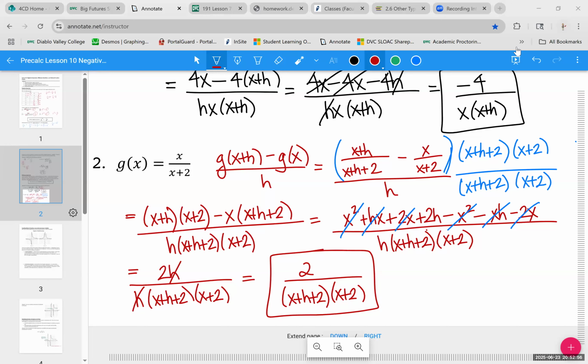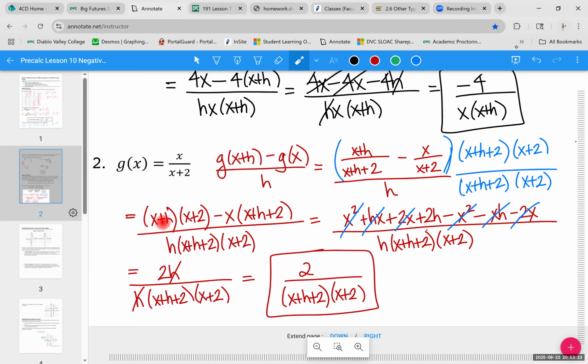How did it go? Yeah, it's a lot of work, right? When I am distributing here, these will cancel, and I'll have x plus h times x plus 2. When I'm distributing here, the x plus 2's will cancel, so I'll be left with minus x times x plus h plus 2. Everything is just multiplied together on the bottom, which I'm going to leave factored.